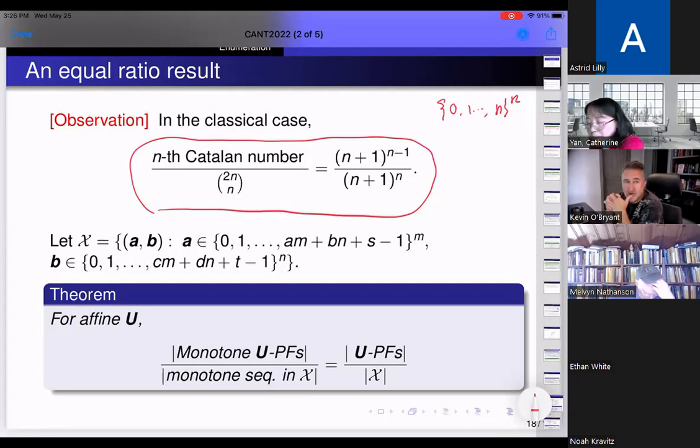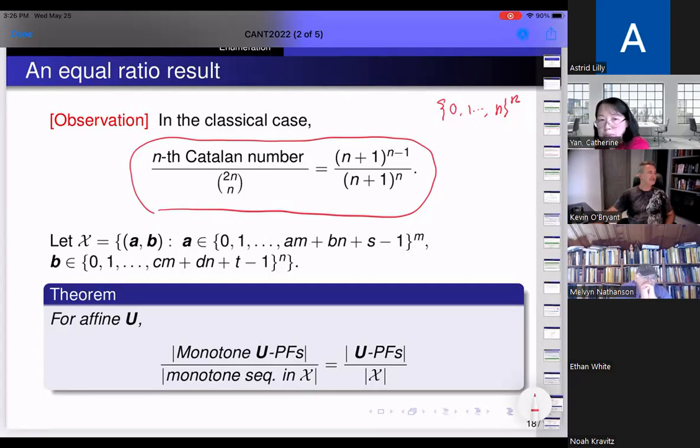So if you have a properly defined total space, which I call X, including all the U parking functions, then in that world, the proportion of U parking functions among those sequences is the same as the proportion of increasing parking functions over all the increasing sequences in that world. And that world is actually very simple.